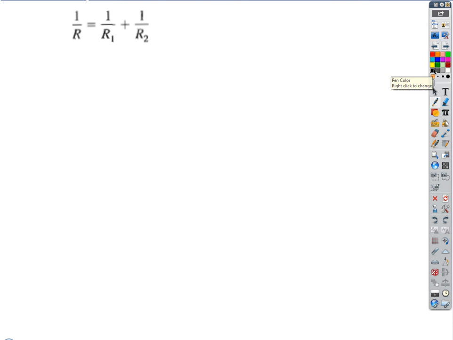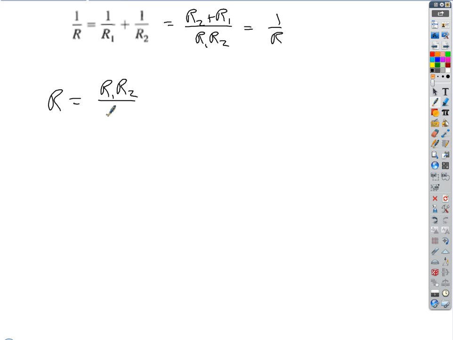On the right side, I'm going to get R2 plus R1 over R1 R2. Everybody agree, if I get a common denominator? Okay, and that's all equal to 1 over R. I'm going to invert both of these, because it's an equation. So I'm going to get R equals the reciprocal, R1 R2 over R2 plus R1.